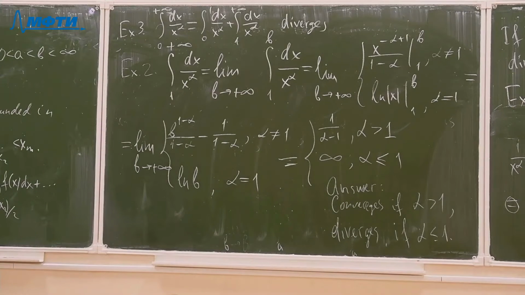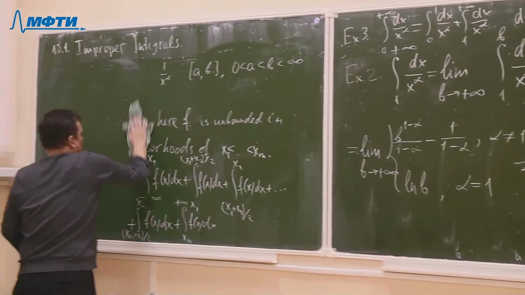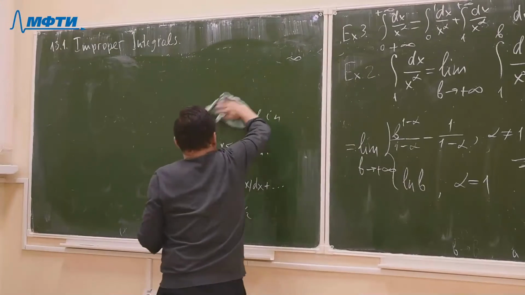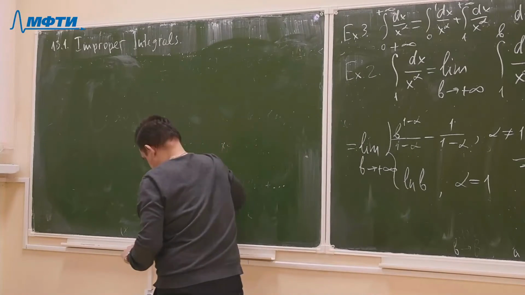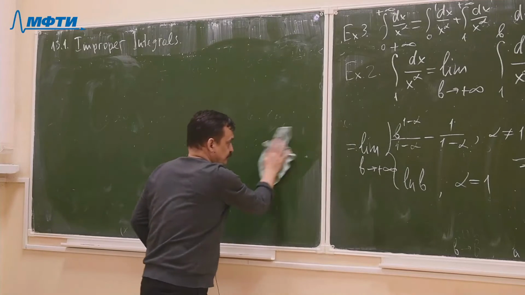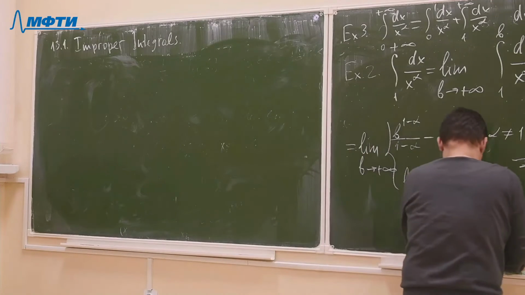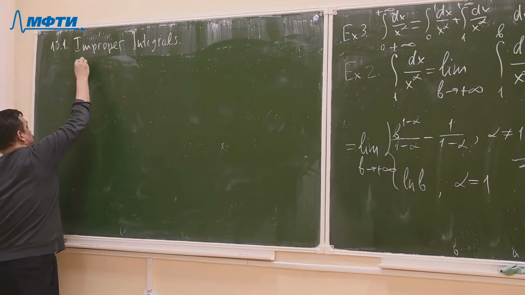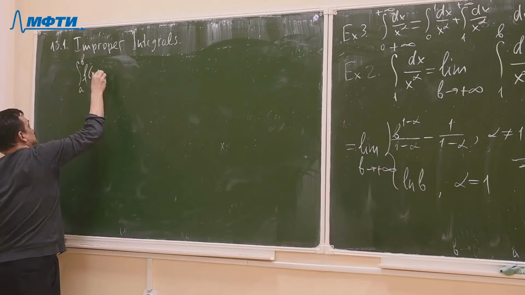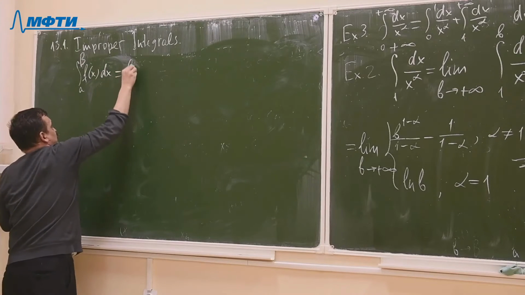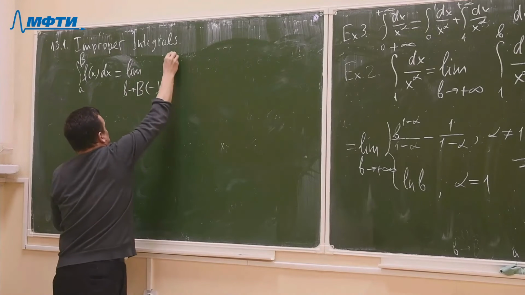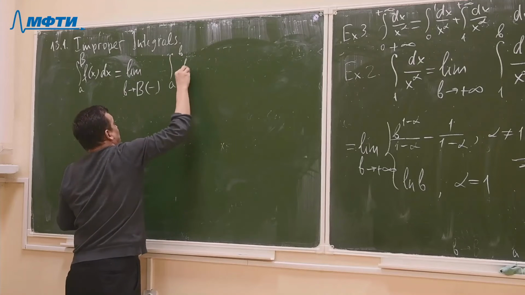So everything will be formulated only for limits as b tends to capital B. Now look, the main object for us now is that one, which we consider as the limit as b tends to capital B minus of the integral from a to b of f of x dx.